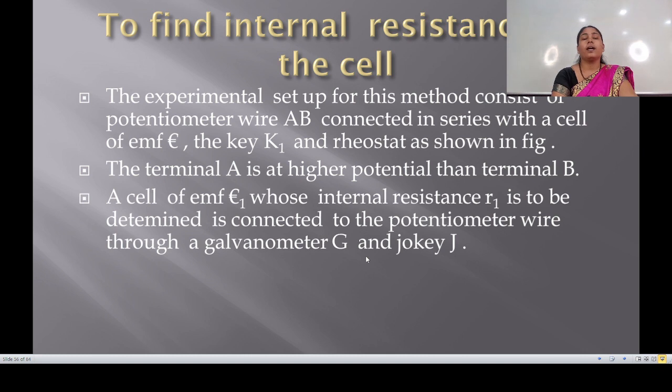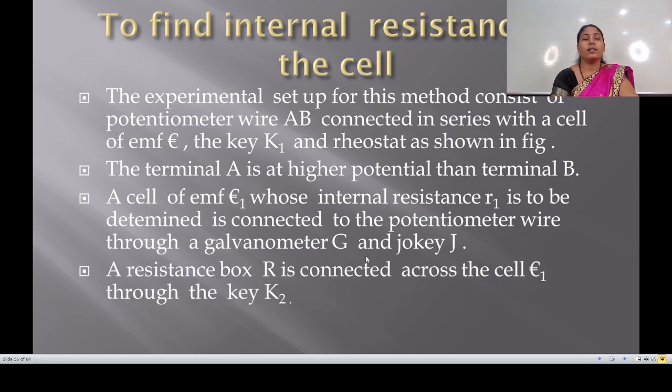A cell of EMF E1 whose internal resistance r is to be determined is connected to the potentiometer wire through the galvanometer G and jockey J, and we will get the particular point. So this is the first important aspect of that practical of the potentiometer.